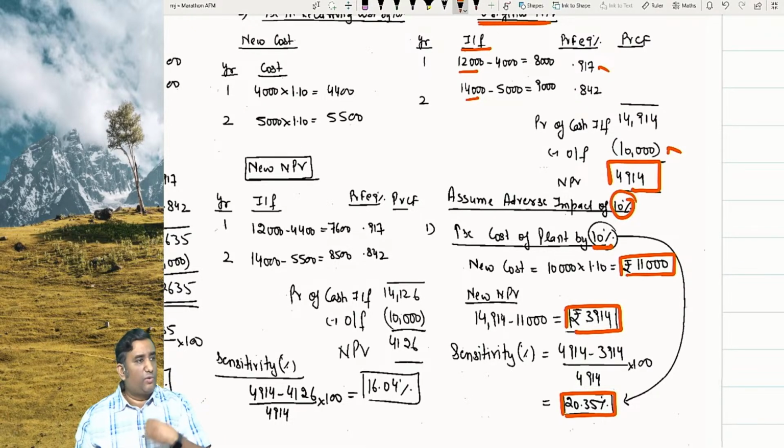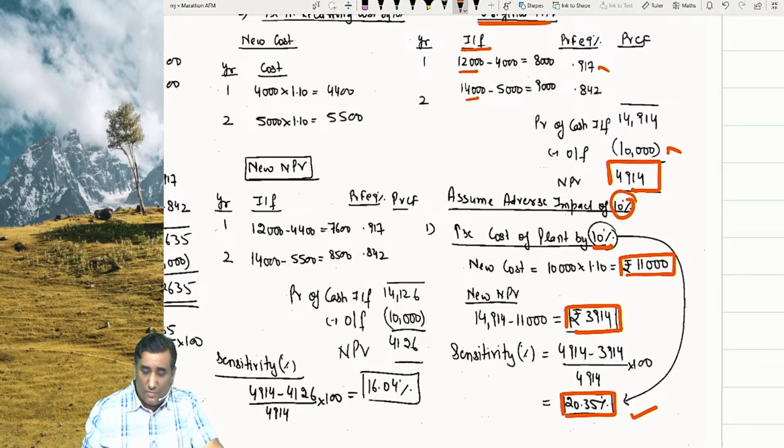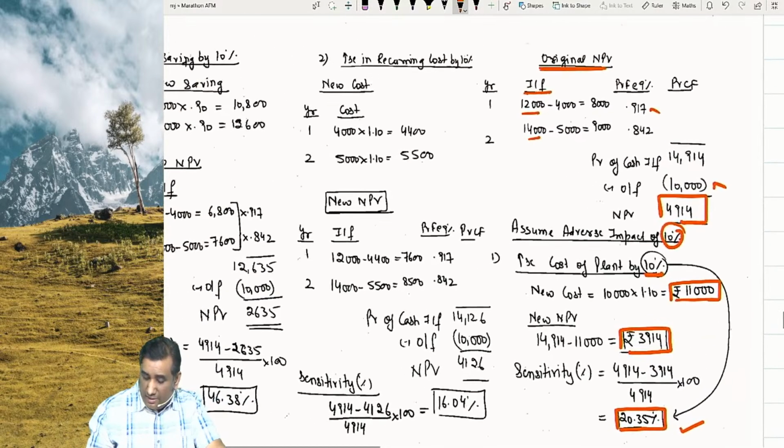Let's suppose if I had to read this line, how would I read? If my cost of the plant increases by 10 percentage, my NPV would fall by what? 20.35. Yes. Second, recurring cost. Let's increase the recurring cost. What was the recurring cost earlier? 4,000 and 5,000. Will increase by what percentage? 10 percentage.